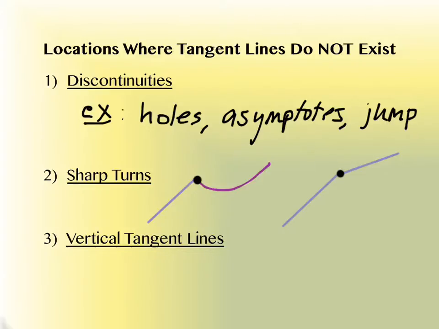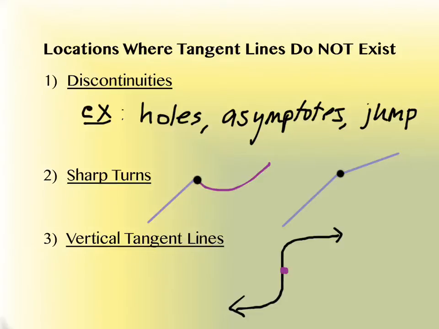And the last one is vertical tangent lines. You do not see this one happen very often, but you need to be aware that it is an example of one. If your curve does something like this, where it is flat out vertical right here at this point, it has a tangent line. The line's vertical.